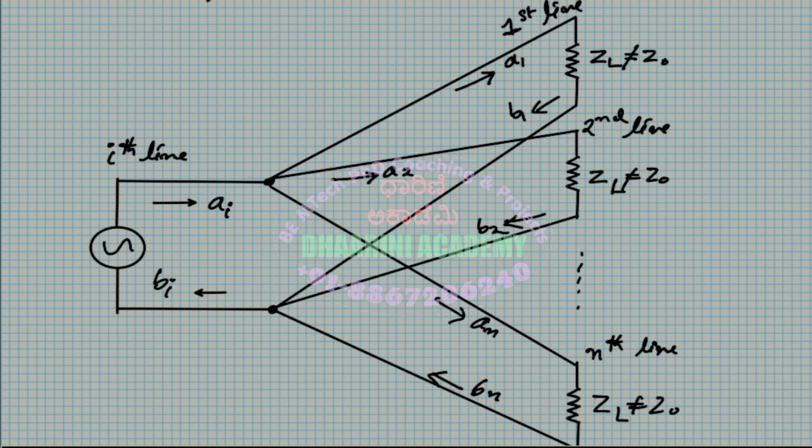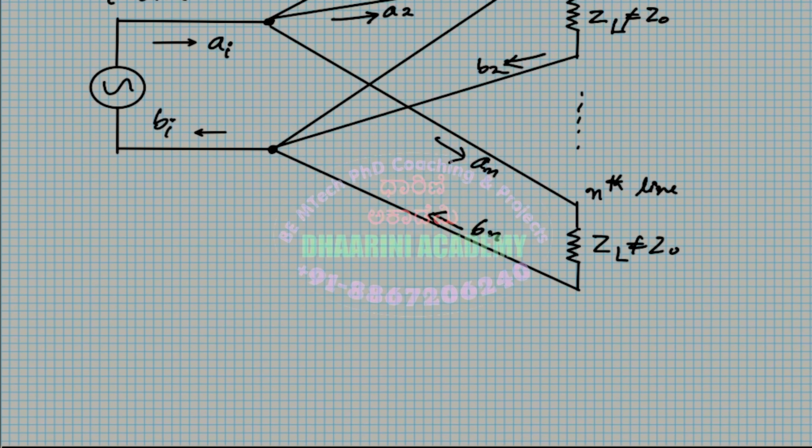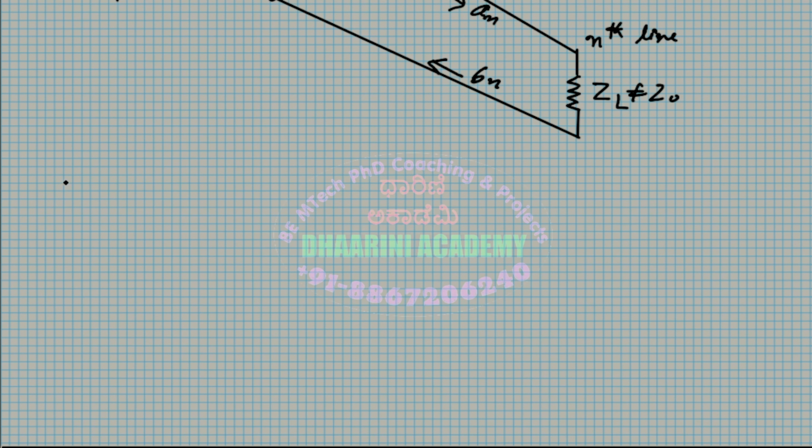So let me write one point here. If ZL becomes equal to Z naught on any line, this implies no reflection. This could be one of the possible cases.